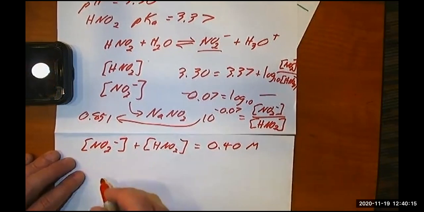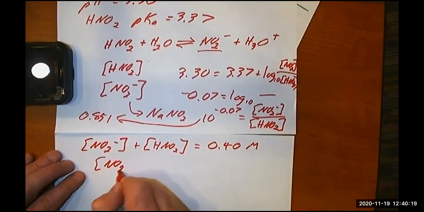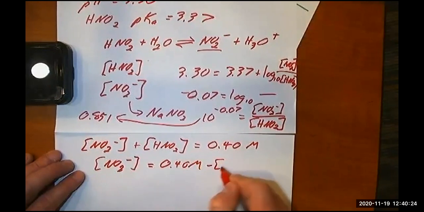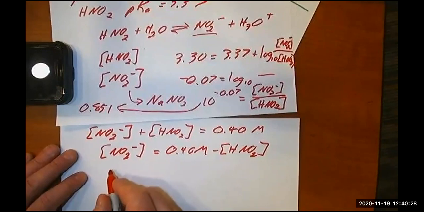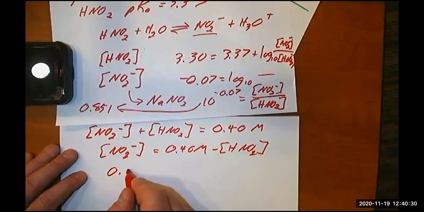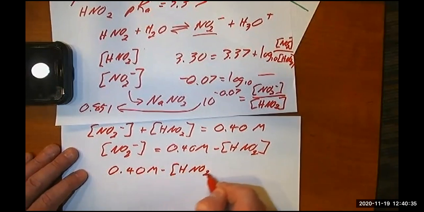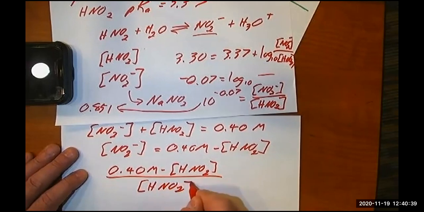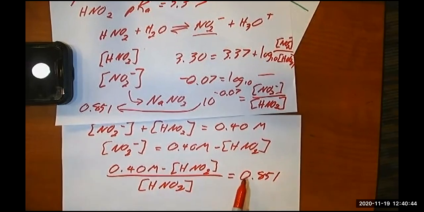So we could solve this for one of the two. NO2 minus equals 0.40 molar minus concentration of HNO2. And so we have 0.40 molar minus HNO2 concentration over our HNO2 concentration equals this 0.851 ratio that we came up with up here.